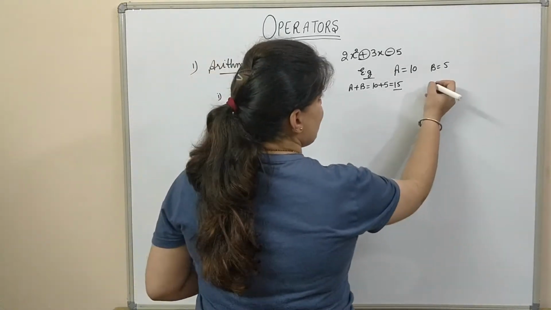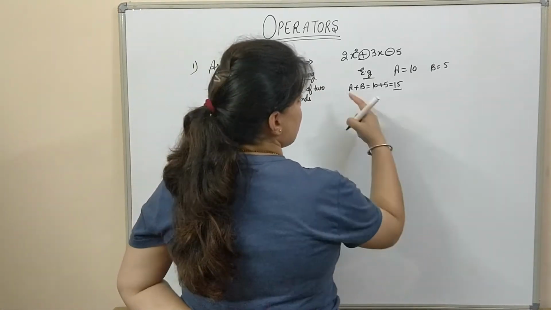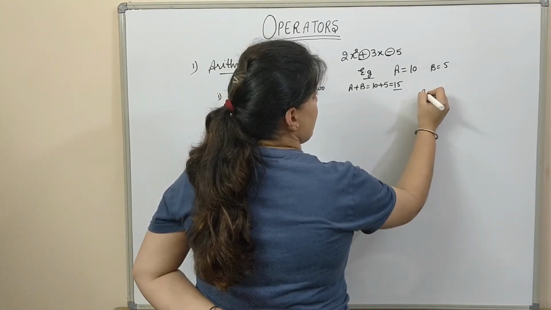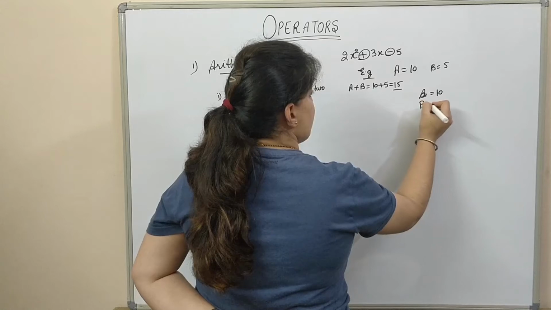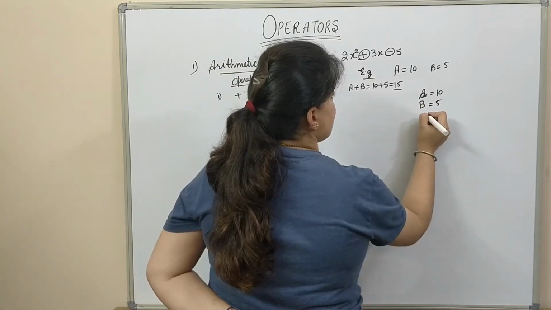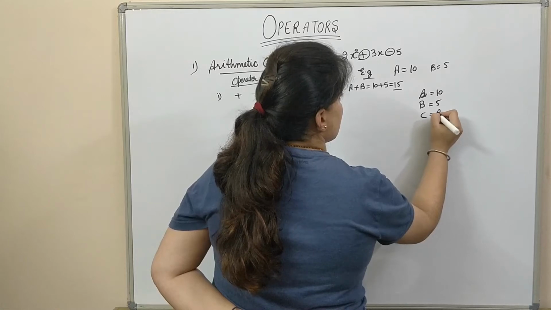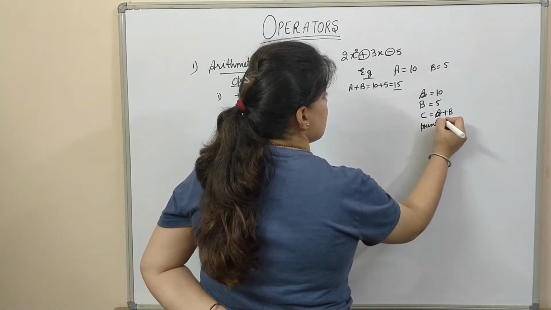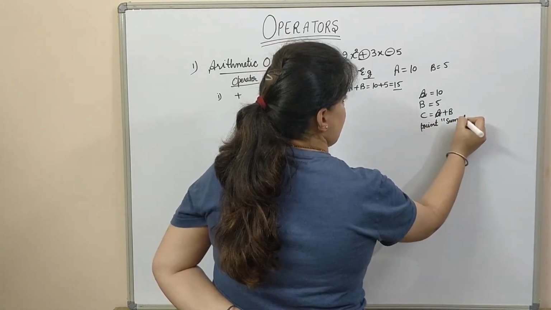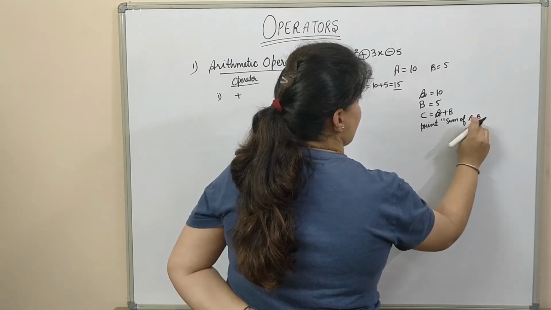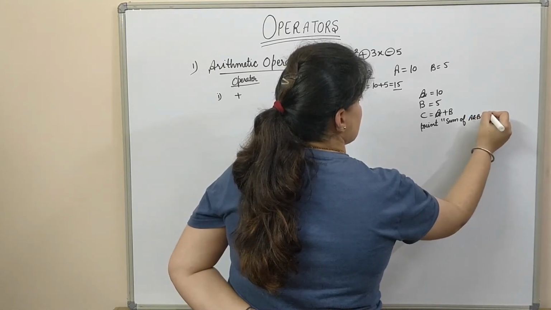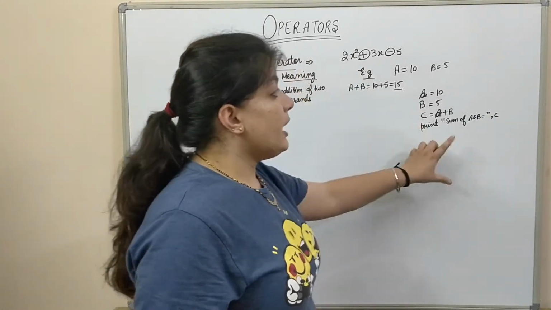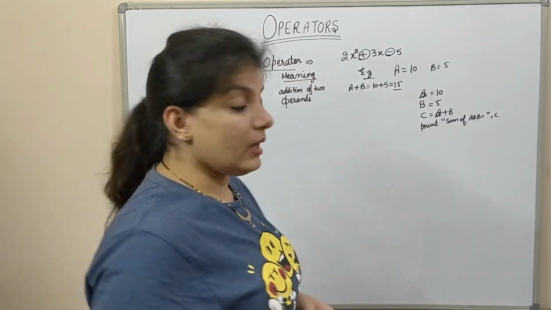The code for this is: a = 10, b = 5, then c = a + b, and print the sum of a and b is c. When we execute this code, it will return 15 as the output.